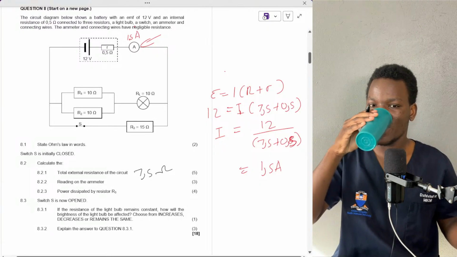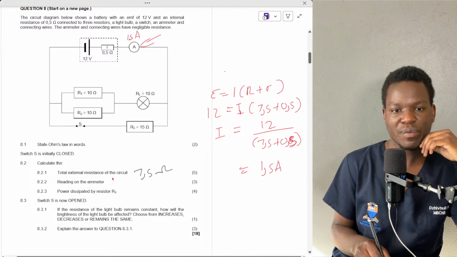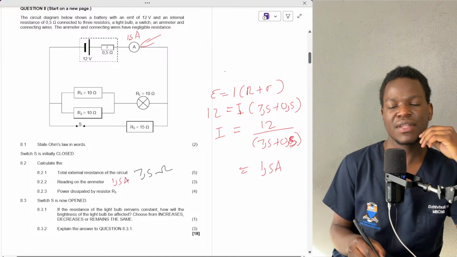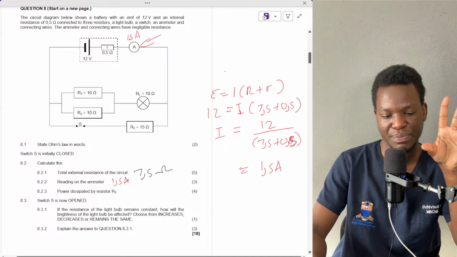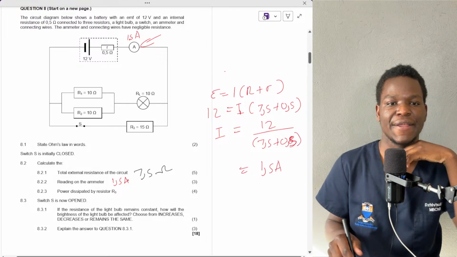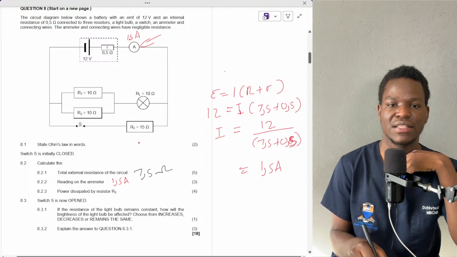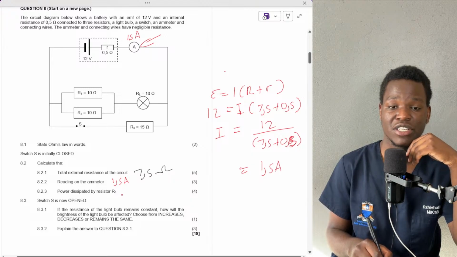Let me also write it here: 1.5 amperes. Then when we continue, it says the power dissipated by the resistor R3. This is the resistor R3. What is power? There are many equations for calculating power.